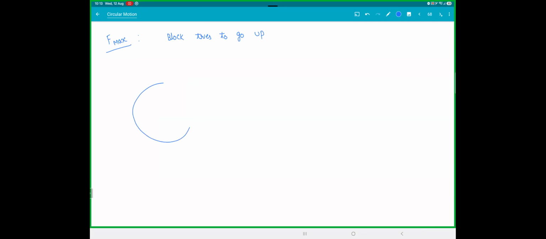So now if you look at this, I'll just separate the rope here so that you can clearly see the direction of friction. So the rope is trying to go this way. So on the rope, the friction will be this way, dF.